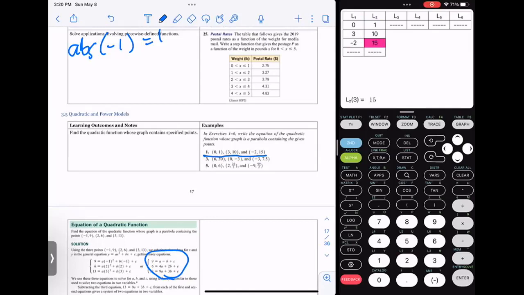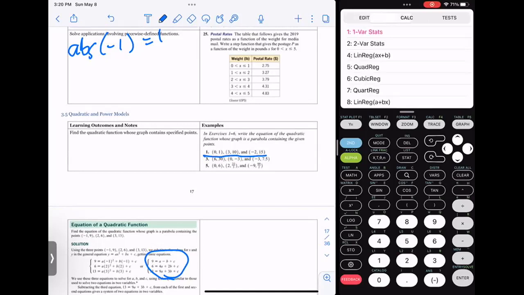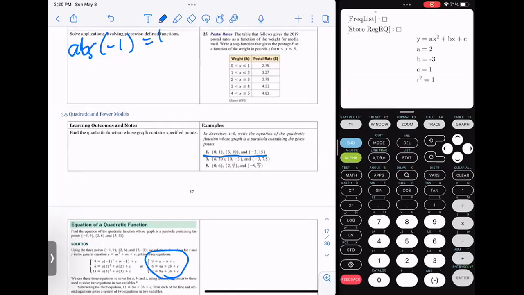Now I'm going to go to stat again. I'm going to go with the right arrow to calc, and I'm going to go down to QuadReg, which is short for quadratic regression. I press enter. My X list is my L1, my Y list is my L2. I just press enter, and there you go. It tells you everything.